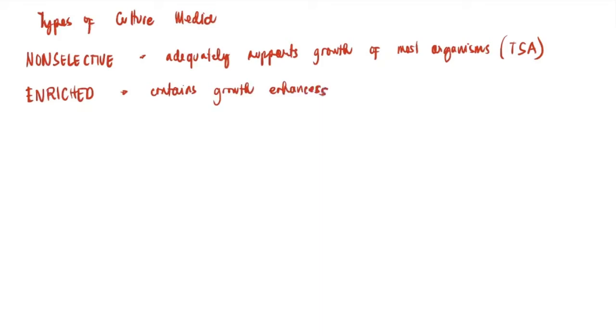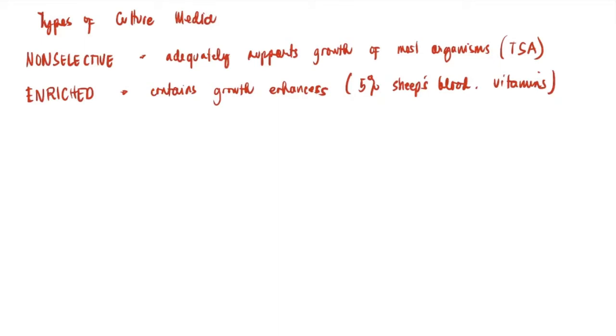So, examples ng mga growth enhancers that can be incorporated to this media include 5% sheep's blood. Okay? Pwede tayong maglagay ng mga vitamins. Yan. So that makes your blood agar plate an example of an enriched media.